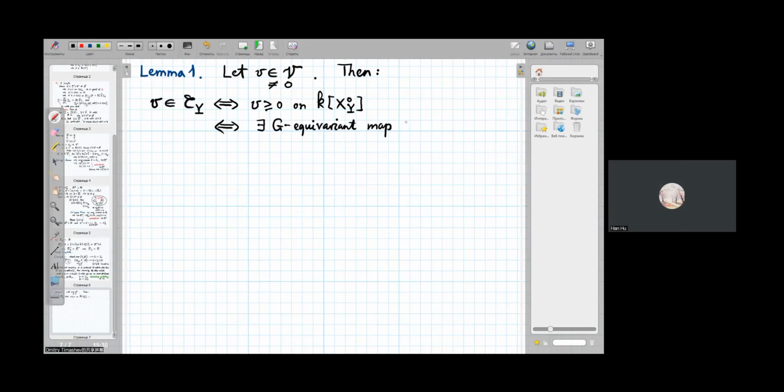So this holds if and only if there exists a G-equivariant map from the elementary embedding corresponding to this valuation vector V, to X sub Y, the simple spherical variety with the closed orbit Y, extending the identity map on the open orbit. So all these three conditions are equivalent.